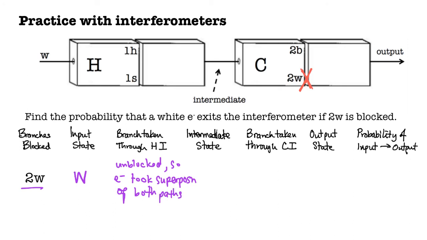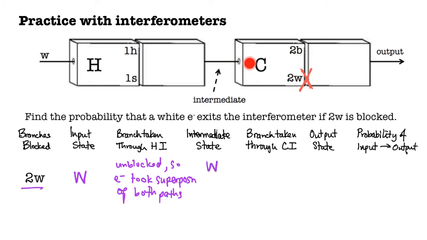If that's true, then this interferometer does not affect the state of the electron at all, so the intermediate state here is the same as the input state. In that case, the input state is white, therefore the intermediate state is also white.